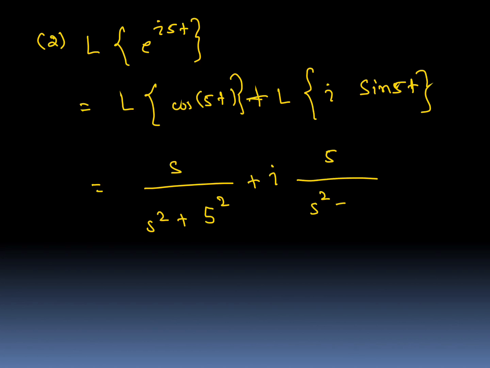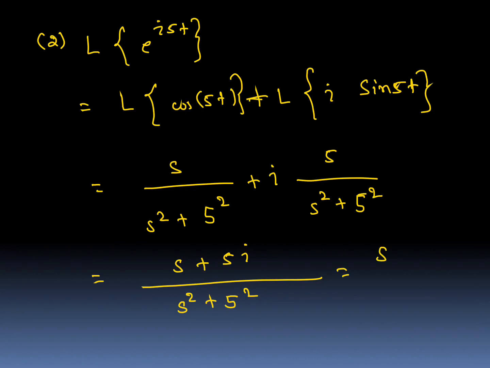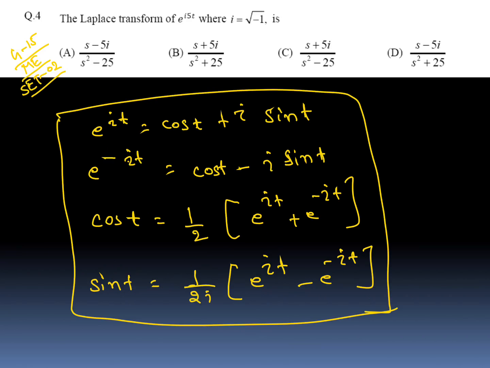Taking s square plus 5 square common, we can write it as s plus 5i divided by s square plus 25. So from the options, B is your answer. This is a GATE 2015 question.